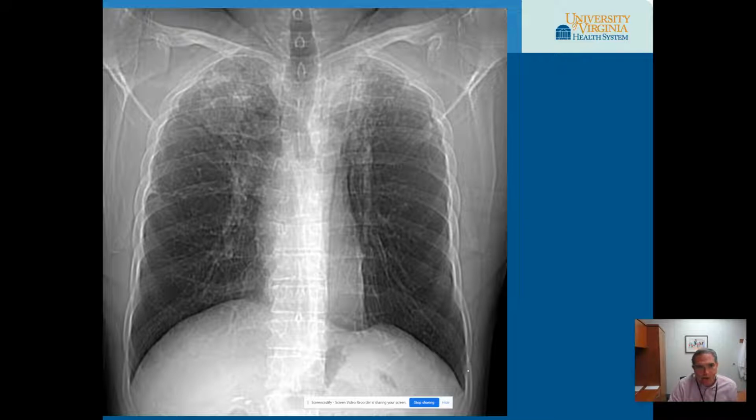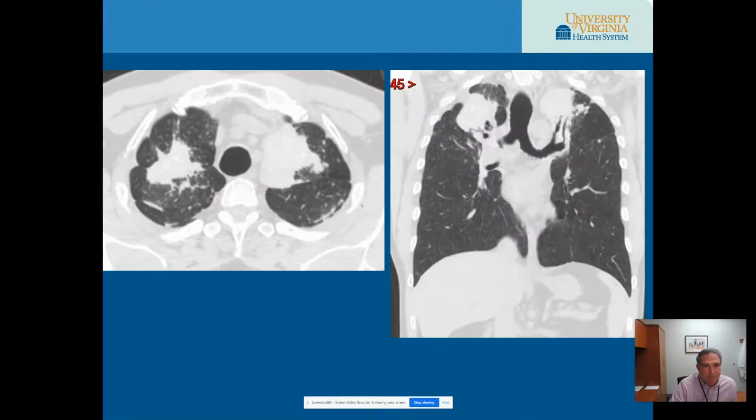Don't have a radiograph of this patient, but it's a CT scout. You see something going on in the upper lobes, a fibrotic process pulling everything up. Then on CT, if you just had one side, you'd say, well, this is cancer, because it looks kind of scary like cancer. But when you see it on both sides, that would be rare.